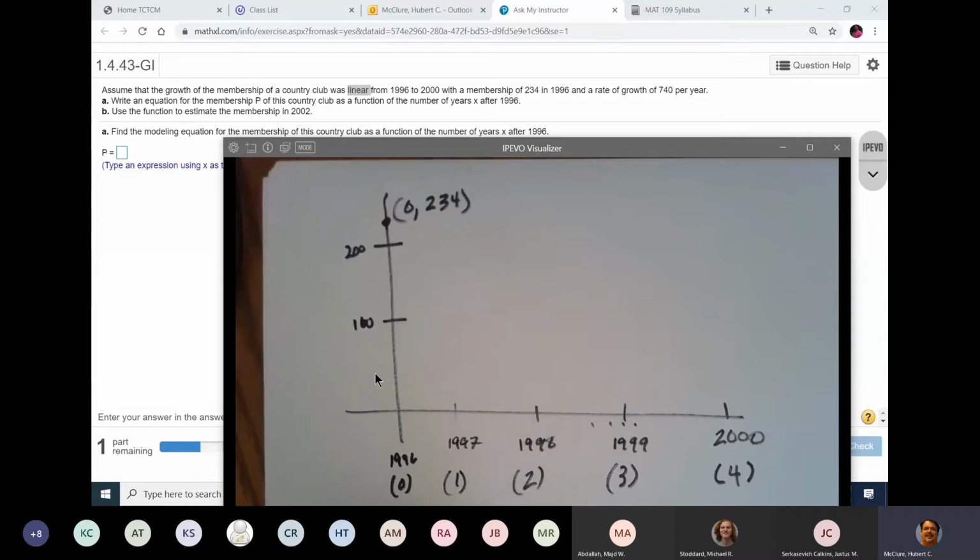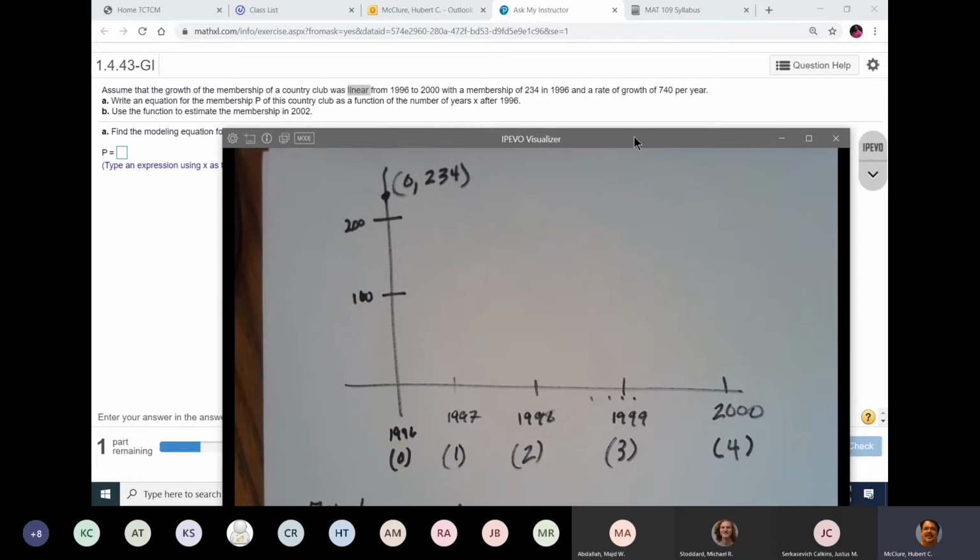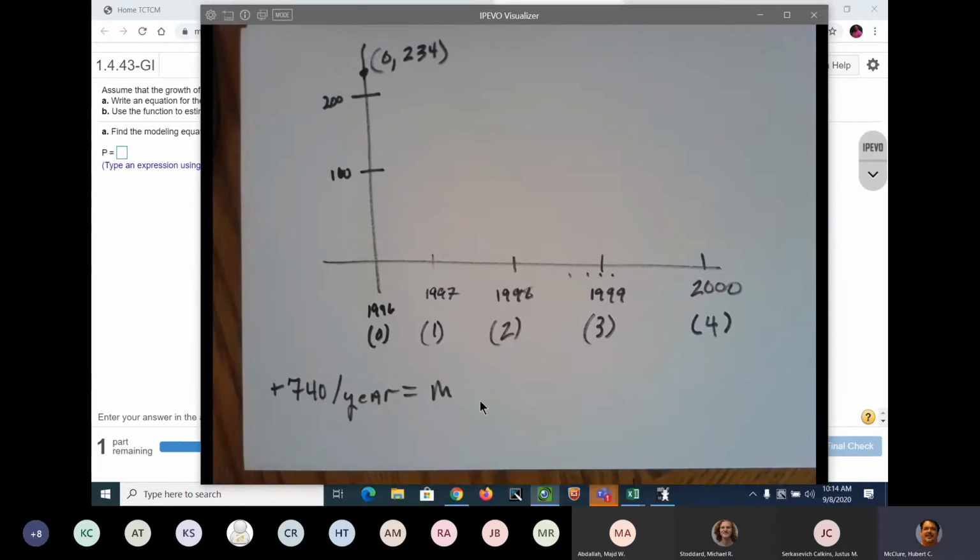So 740, and it says it's growing 740 per year. So that means this is equal to the slope. Now, take this information that I just gave you with the previous question and find out what is the equation for the line starting at 0,234 and going up at a rate of 740 per year. What is that equation?